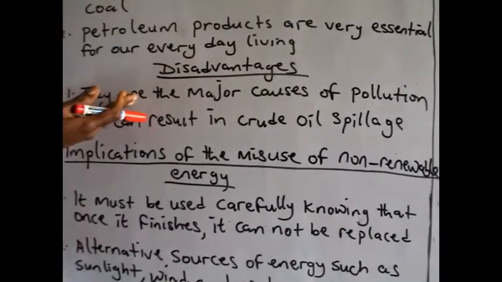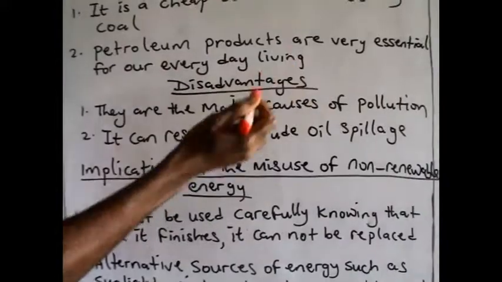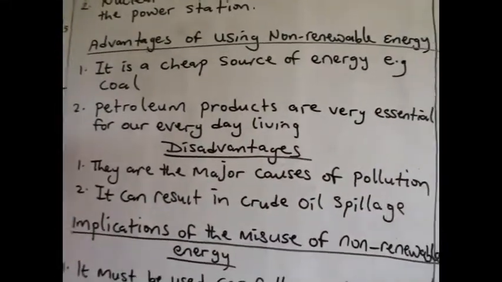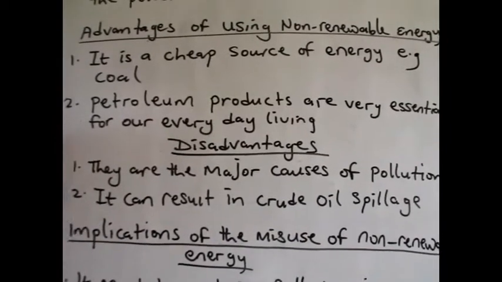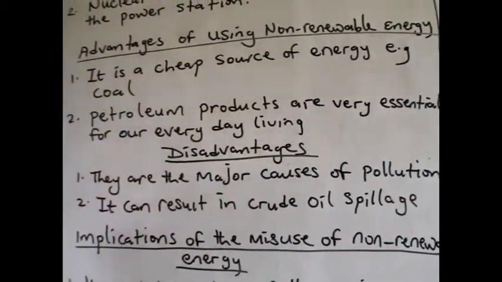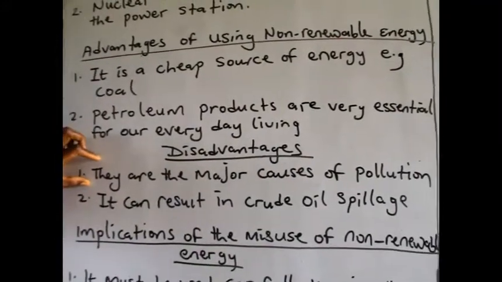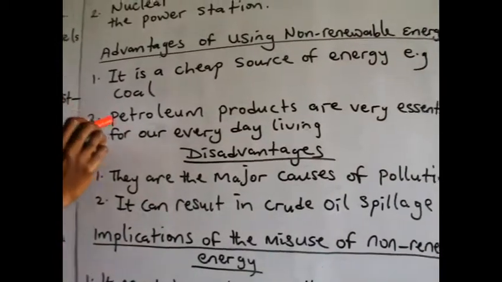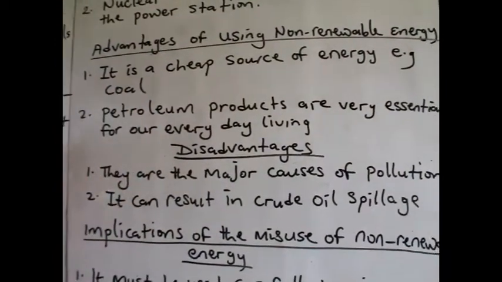And when this pollution occurs, mostly pollution in the air, it results in respiratory diseases. We have catarrh, asthma, bronchitis. These are common diseases that can be inhaled if the environment is polluted, especially by petroleum products.